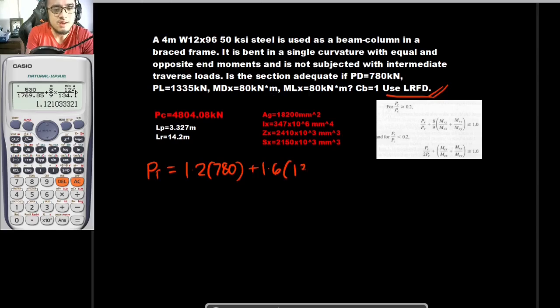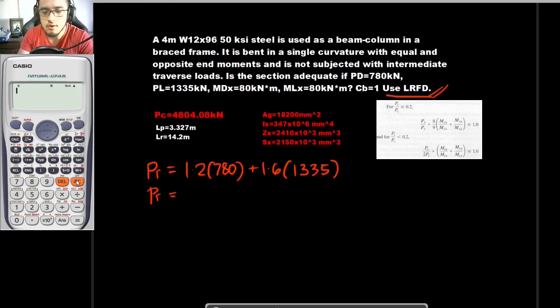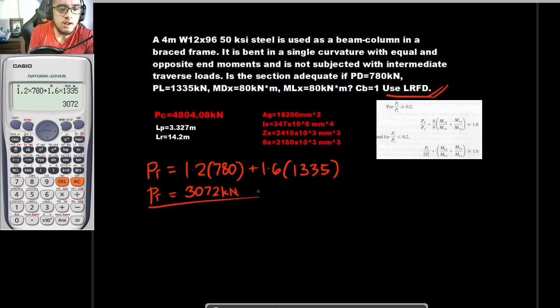By the way, dead load plus live load, 1335. So PR is equal to 1.2 times 780 plus 1.6 times 1335, which is 3072 kilonewtons.